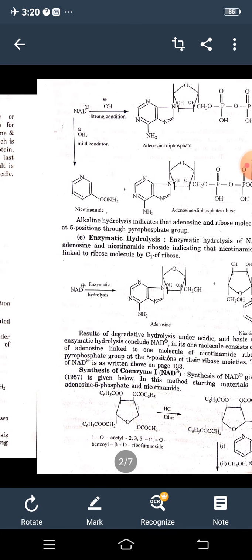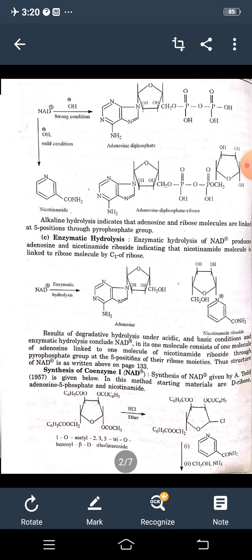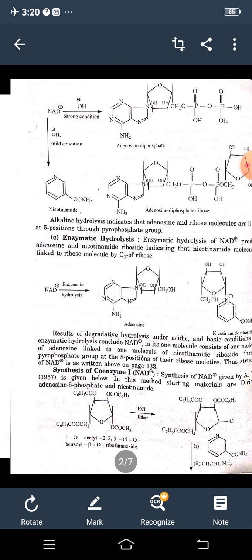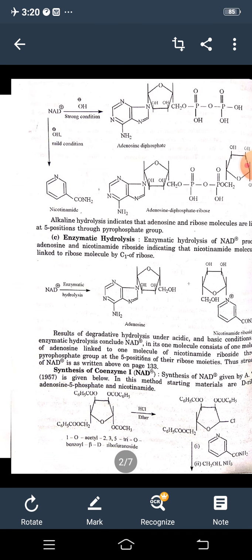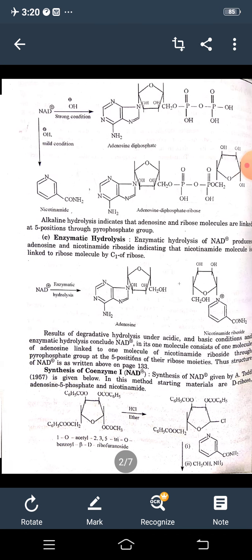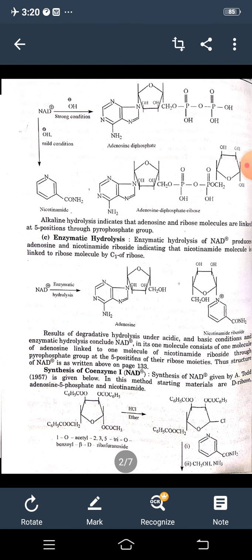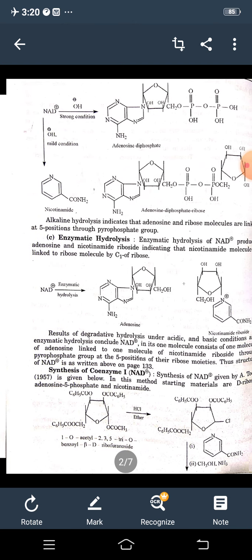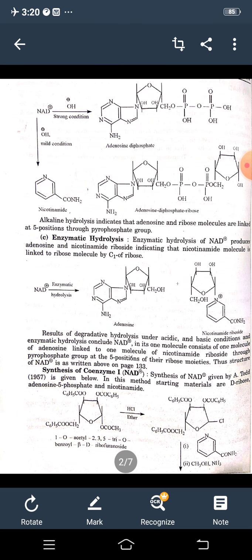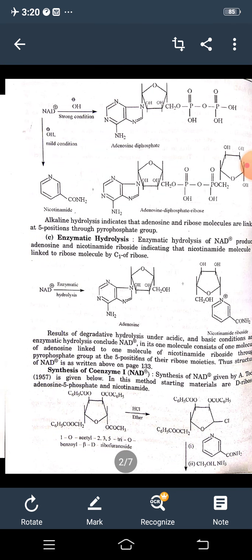So NAD+ with OH- in strong conditions can give adenosine diphosphate, or in mild conditions, it can give nicotinamide and adenosine diphosphate ribose. So alkaline hydrolysis indicates that adenosine and ribose molecules are linked at 5 position through a pyrophosphate group.